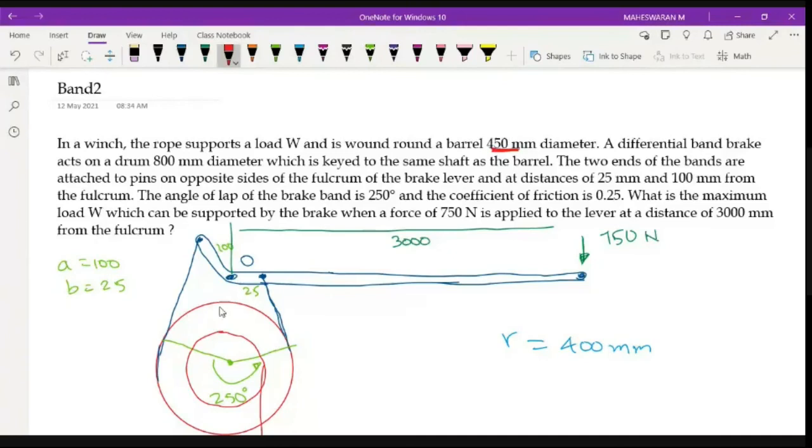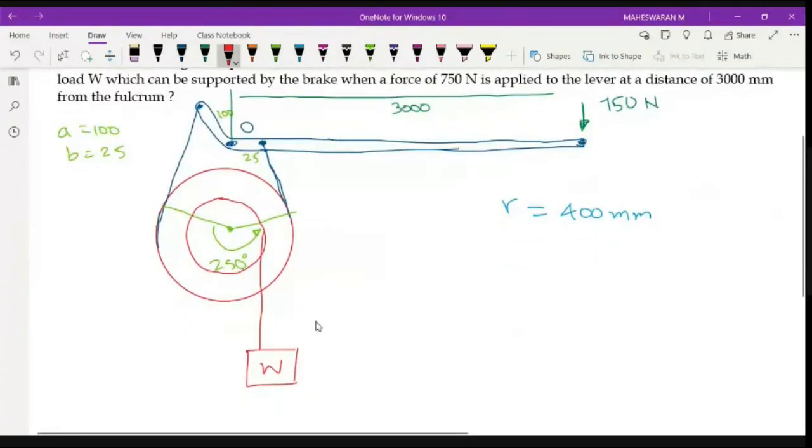I will consider this in two ways. If you fix the W here, your brake drum will be rotating in the clockwise direction. What happens if I fix it on this side, if I consider this as W?